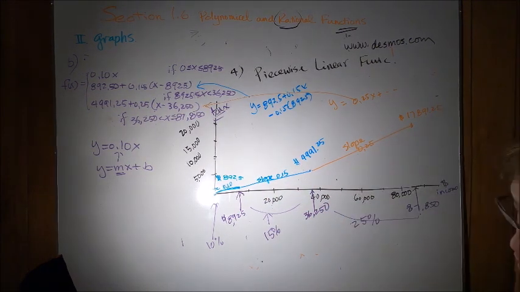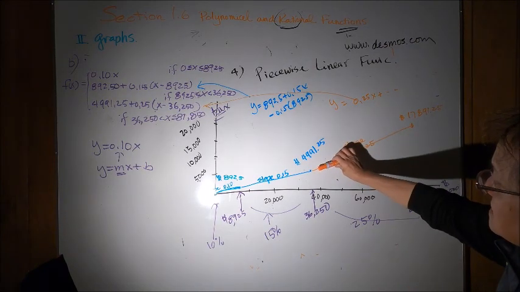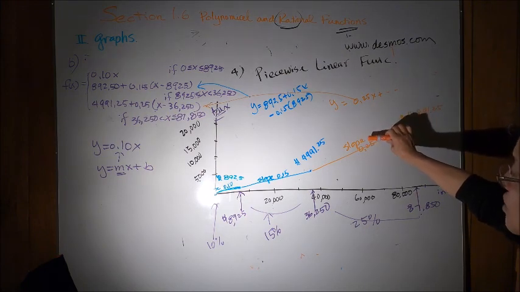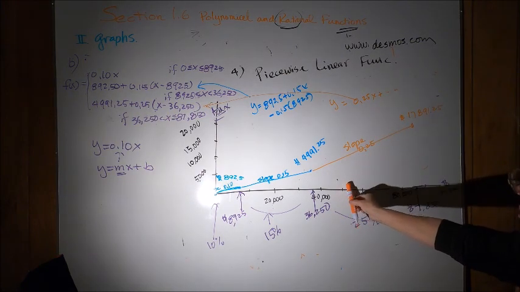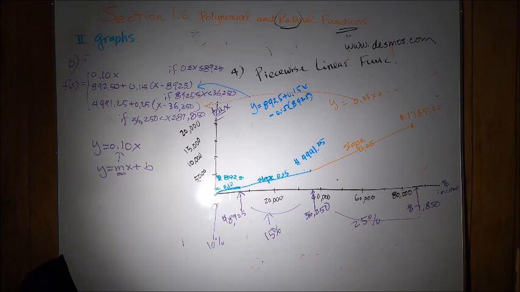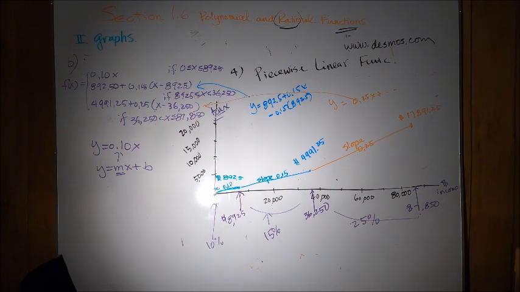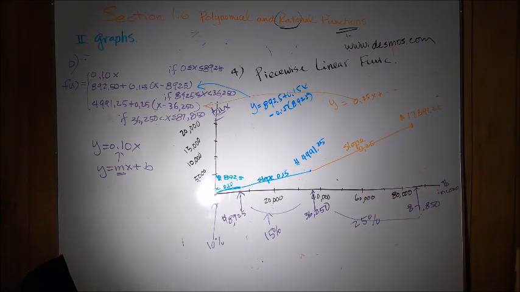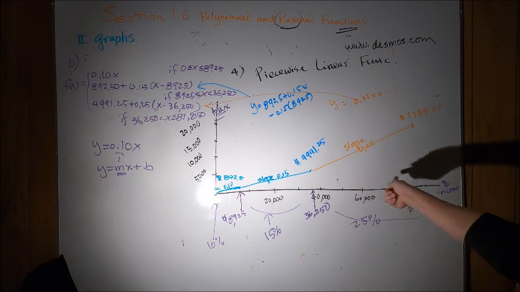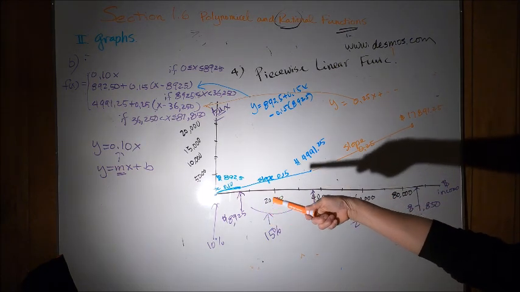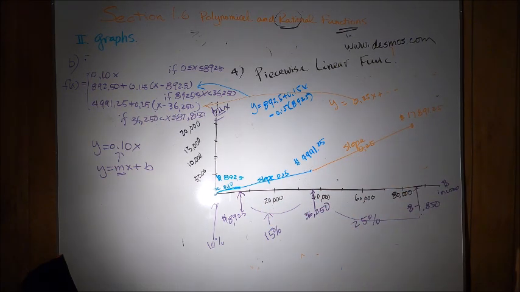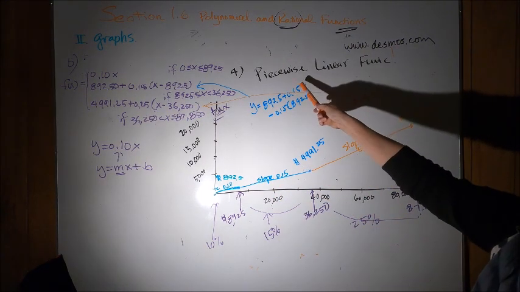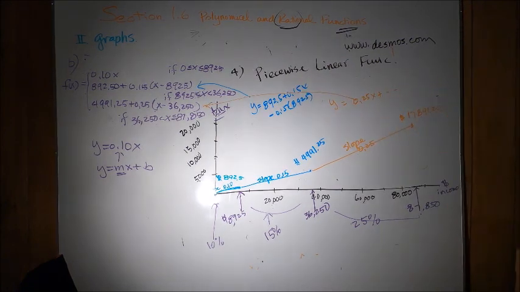The slope is at the same time the rate of change. So how much money you make, how much more you have to pay. So y equals mx plus b, that's how we use the linear function to describe a federal tax with certain numbers. Exactly, we are using the piecewise linear function to do that.